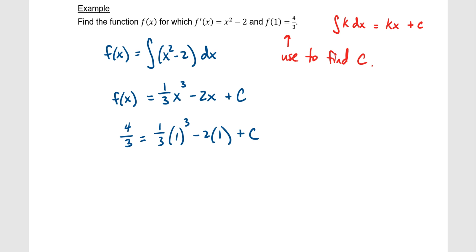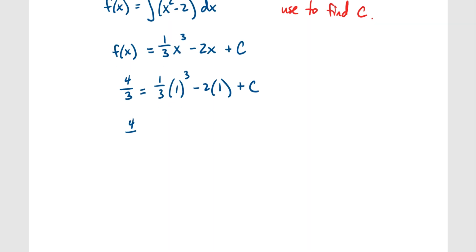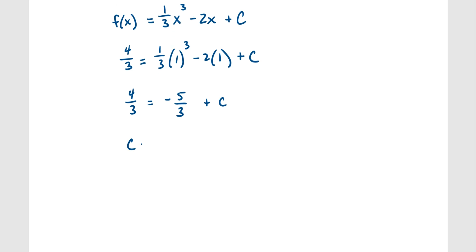So that's going to give us 4/3 equals 1/3 times 1, which is 1/3. 1/3 minus 2 is 1/3 minus 6/3, so that's negative 5/3. Just adding or subtracting fractions, you need common denominators. And we have to add 5/3 to the left. So c is 4/3 plus 5/3, which is 9/3, which is 3.